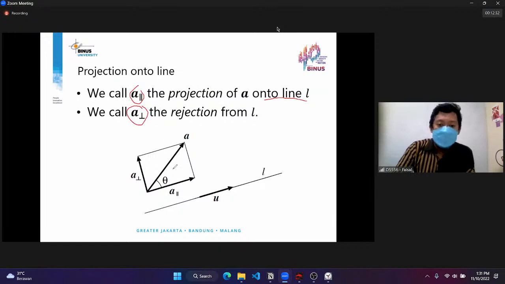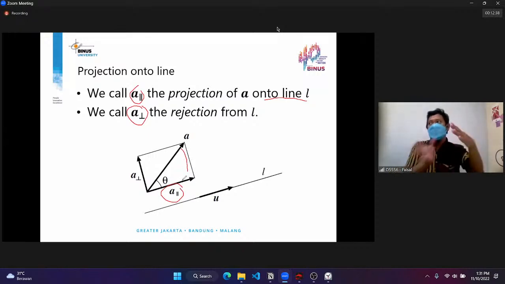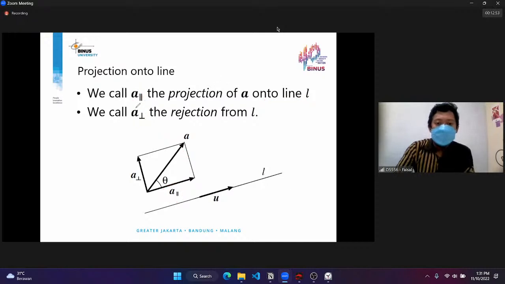So remember, the projection is like the shape or the shadow of A on a line L. And the rejection is orthogonal to the line L. So this is the projection and this is the rejection.